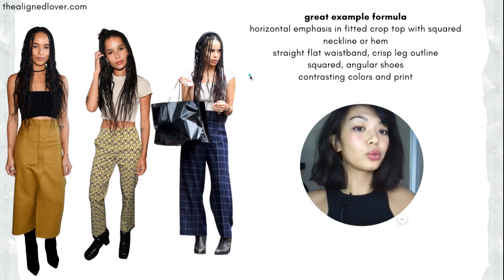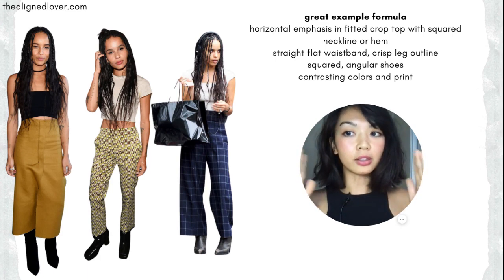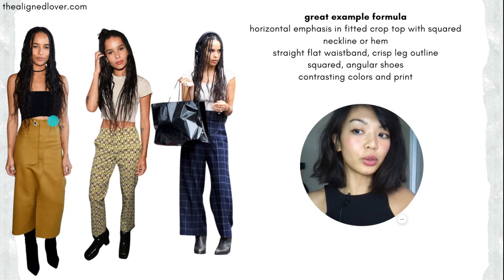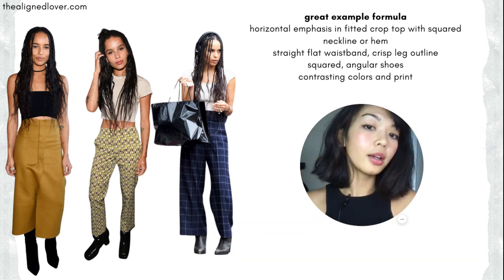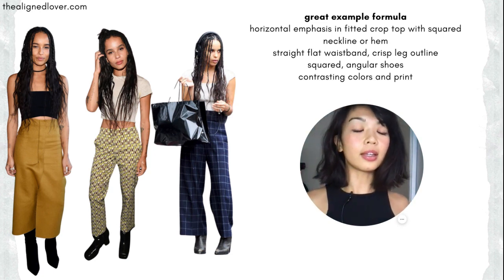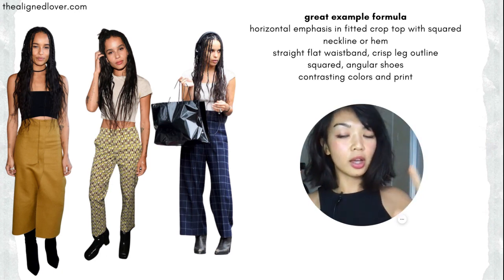We're getting that strong emphasis on top, and we're also getting that strong clean horizontal line throughout the waistband, the bottom hem of the shirt. As for the pants, they fit her in a clean, crisp way without being too clingy and creating too much of that rounded fit.